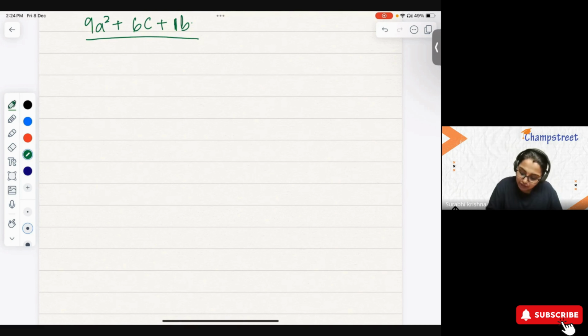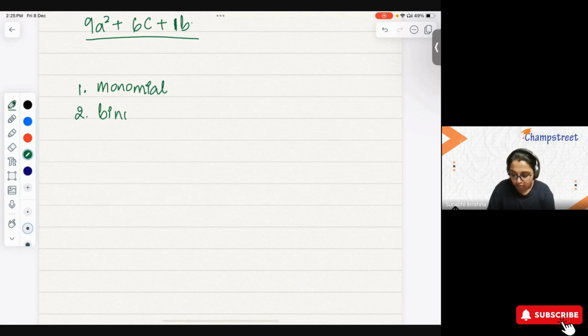So classification based on number of terms will be monomial. Second one will be binomial. Third will be trinomial.